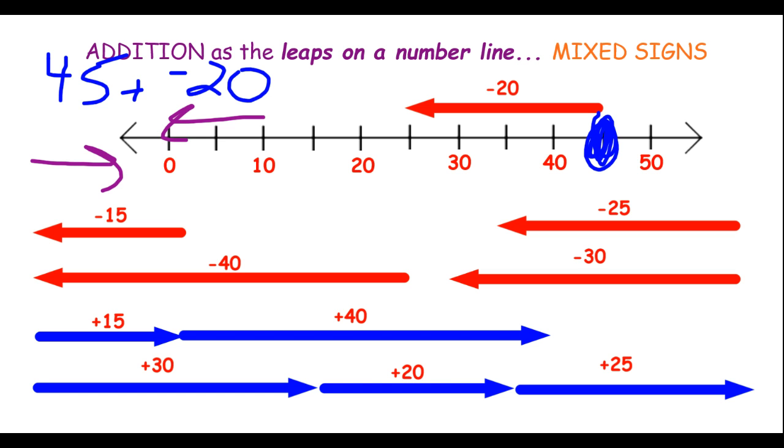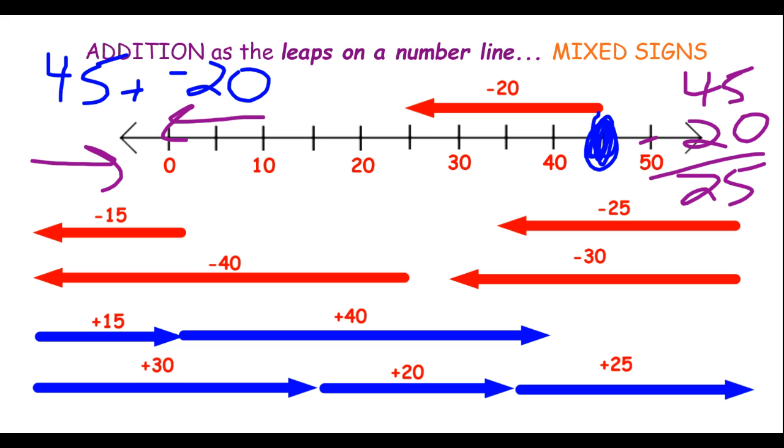So our absolute value is actually not going to get bigger. We're not going to end up 65 units away from 0. We're going to end up 45 to the right, take away 20, so 45 minus 20, and we only end up 25 units from 0. So 45 plus negative 20 is 25, positive 25.